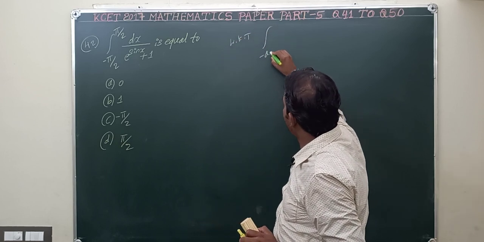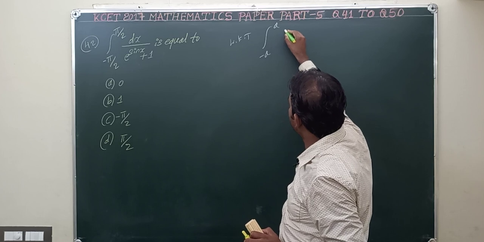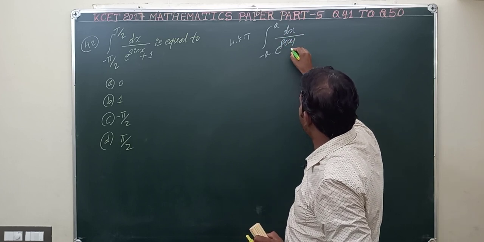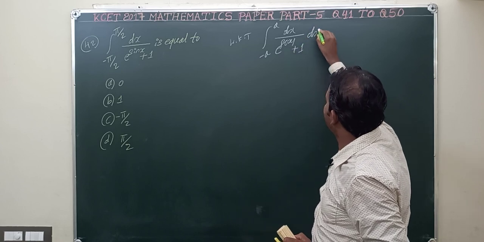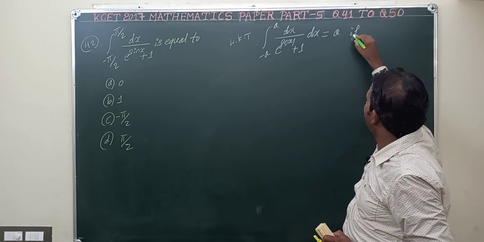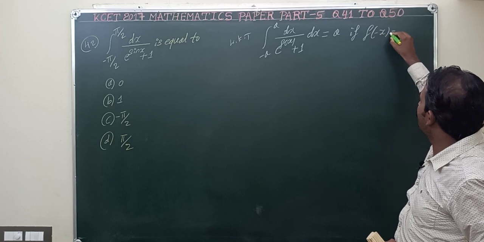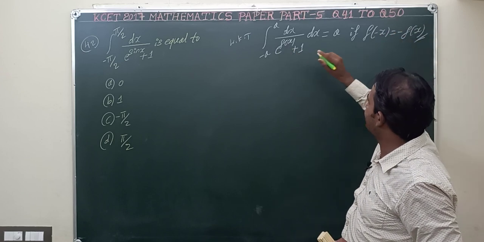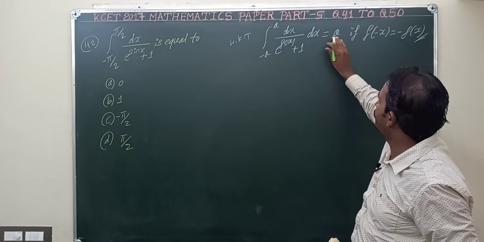The integral from minus a to a of dx divided by e power f of x plus 1 with respect to x is equal to a, if f of minus x is equal to minus f of x. So once f of x is an odd function, this value becomes a.